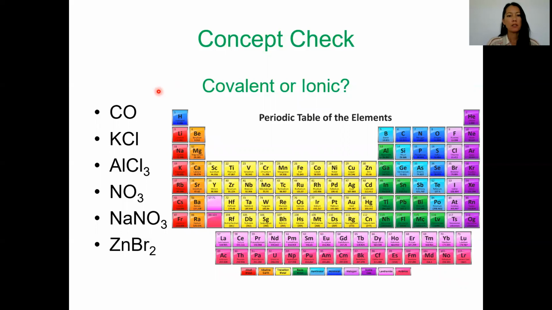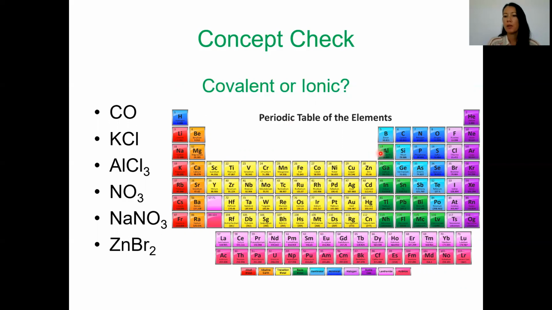The next is figuring out, are these covalent or ionic compounds? So CO is here in the nonmetal side, that's covalent. K and Cl, you have a metal and a nonmetal, so that is ionic.